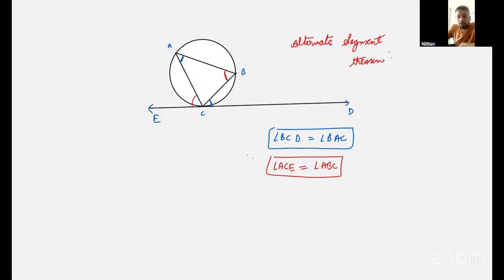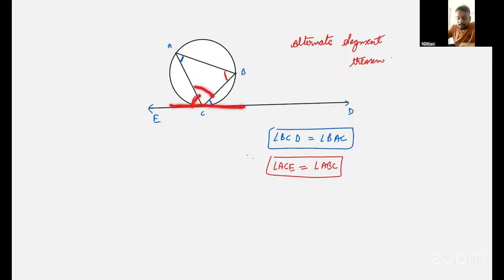No, it won't. But if this is equal to this and this is equal to this, then according to the linear pair, angle ACE plus angle BCD is 180. In the same way, how will you find angle ACB? This angle is equal to this, and this angle is equal to this, but the middle part is still unknown. Then how will you conclude that it's 180 degrees, like it's a straight line?